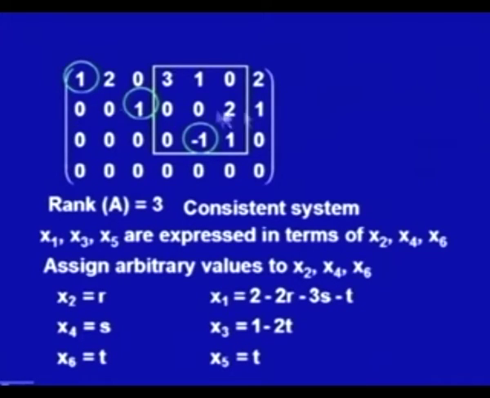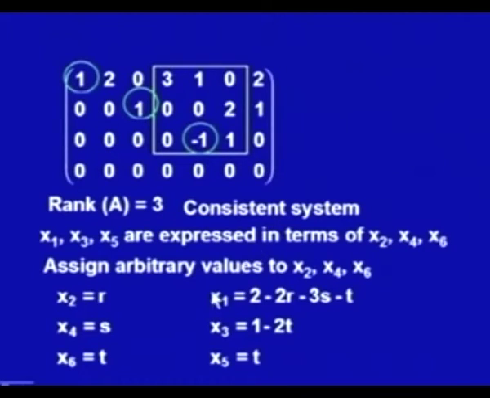And this equation is used for writing x5. On the right hand side we have 0 here. So, we simply say x5 is equal to t. So, this third equation is obtained from this third equation, and the fourth equation is trivially satisfied.